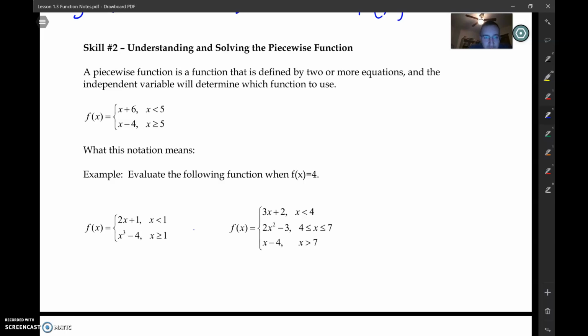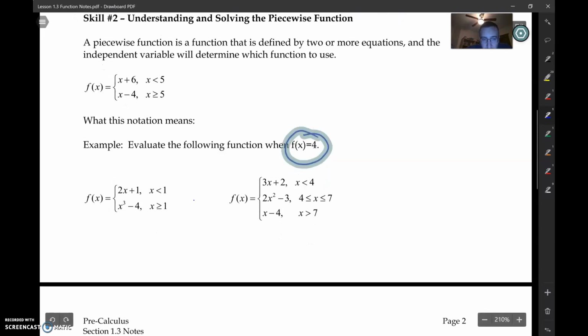So when it tells us to evaluate the following function when f of x equals 4, that is a typo. What they meant to say is f of 4. Okay, we need to find this, and so our input is 4.